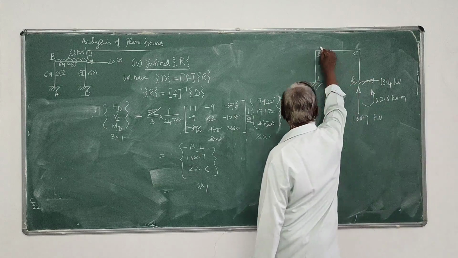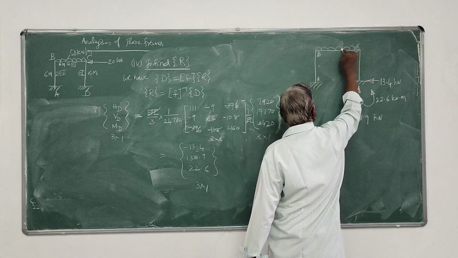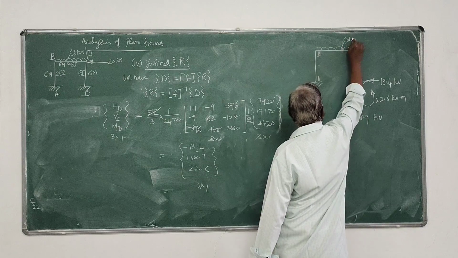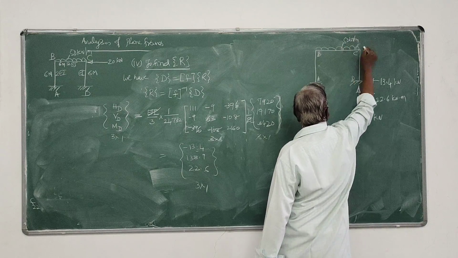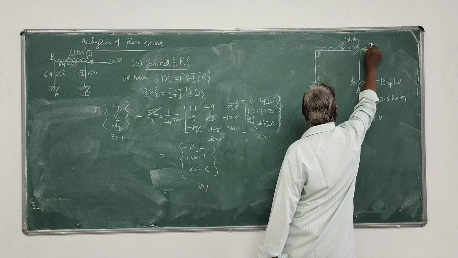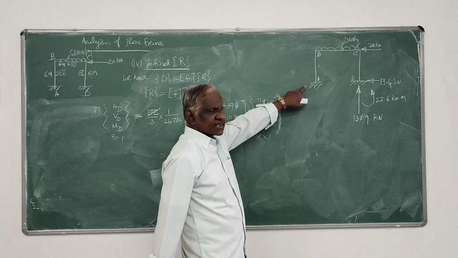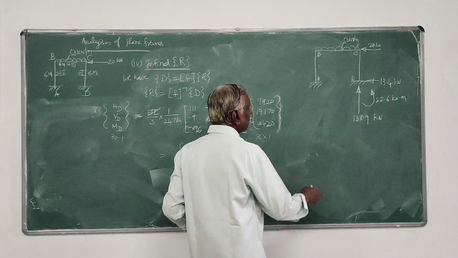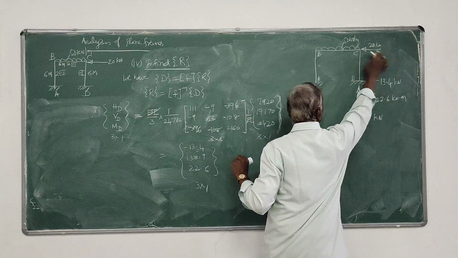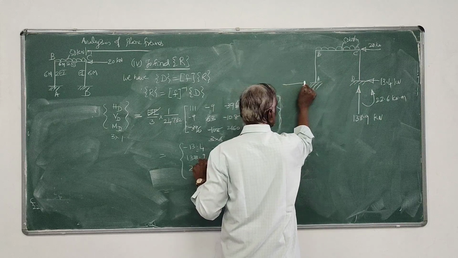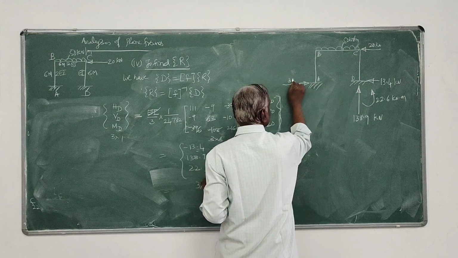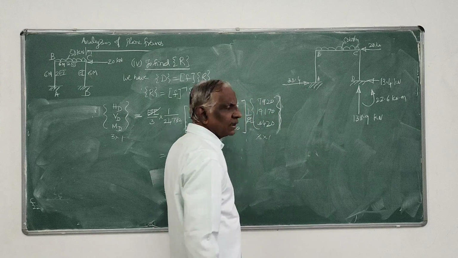Now I have a load here, 50 kilonewton per meter, and another load. I will find out the reaction here. Sigma H is equal to 0. This is 13.4, this is 20, so this has to be 33.4 acting this way.